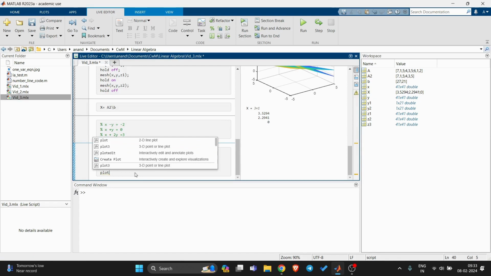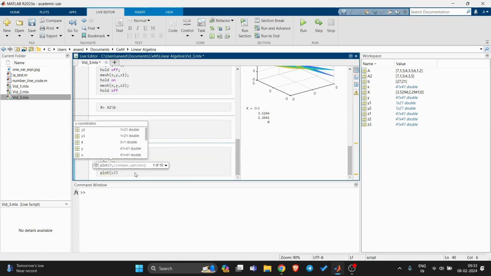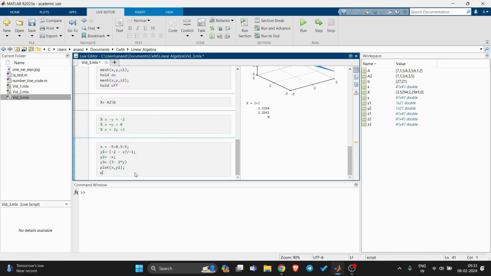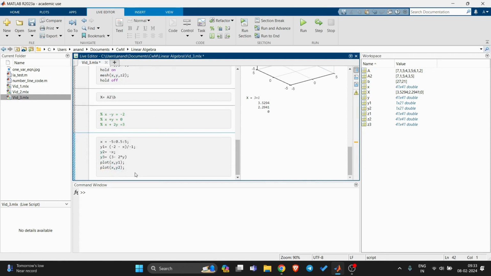And let's plot this. So plot x comma y1, plot x comma y2, plot x comma y3.